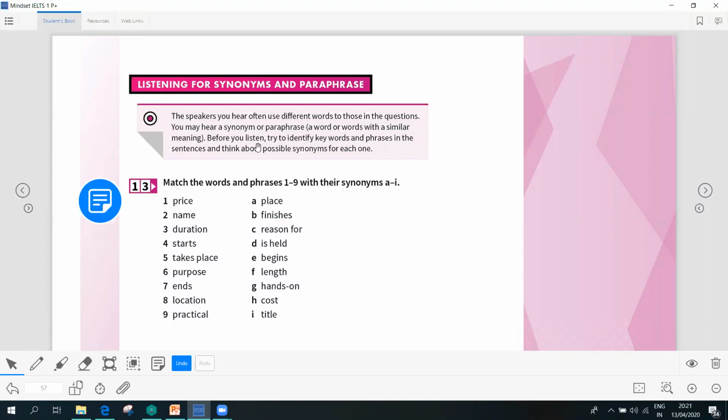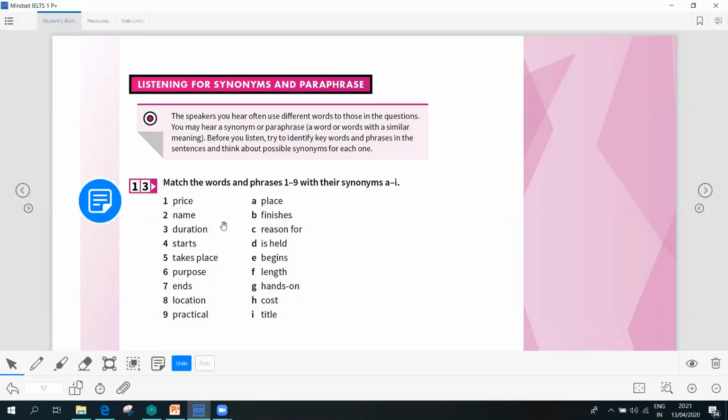So before you listen, try to identify key words and phrases in the sentences and think about possible synonyms for each one. So task 13 is a very easy task. It's a matching task. You need to match the words and phrases with their synonyms, A to I.